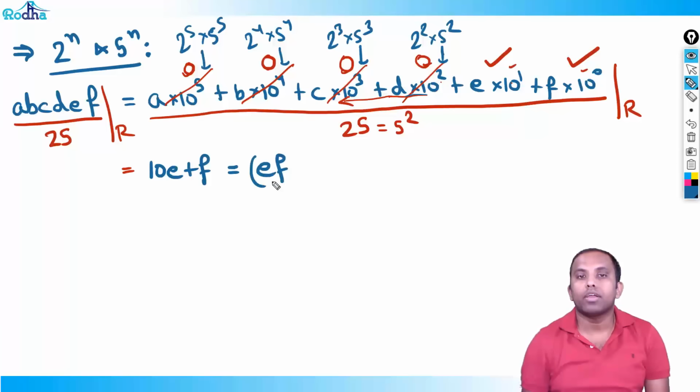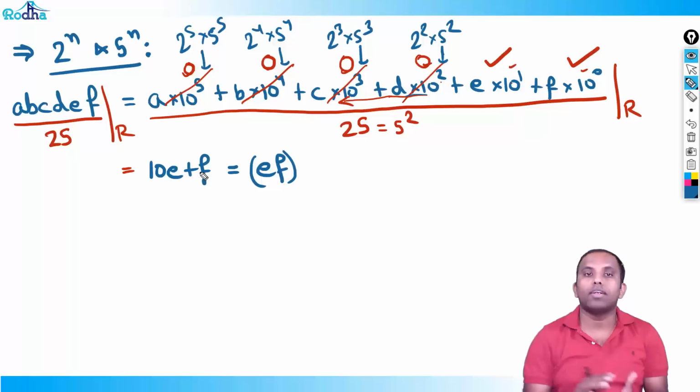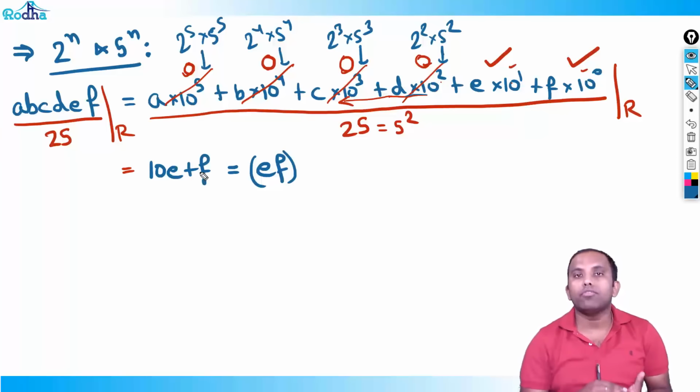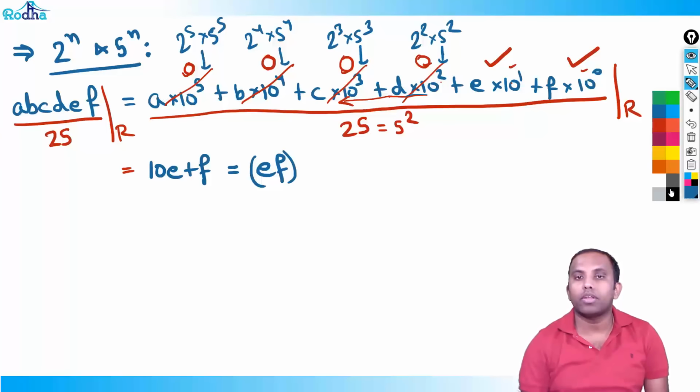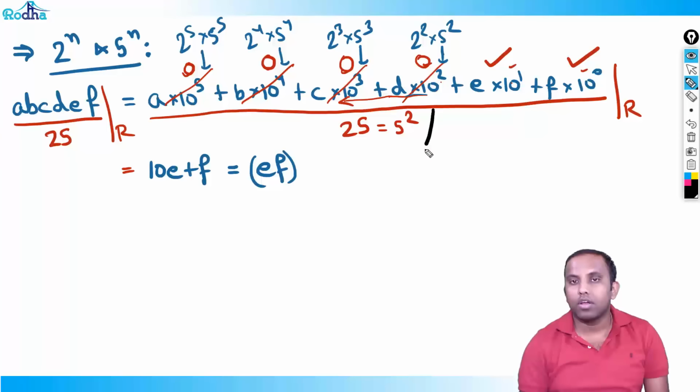Normally we write EF, mathematically we write 10E plus F. This is the last 2 digits of the number. Now similarly, suppose instead of 25 it was 5, 4, or 2 square.